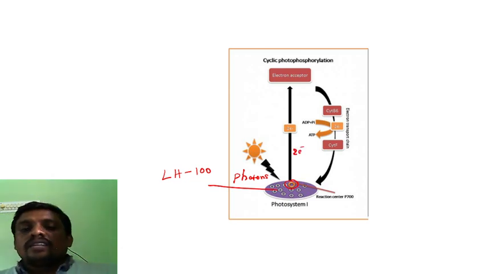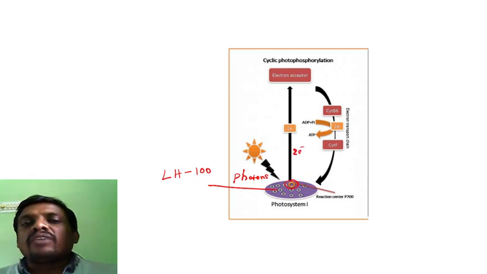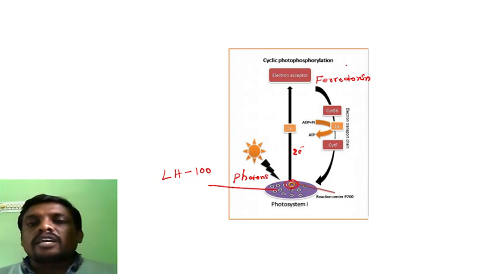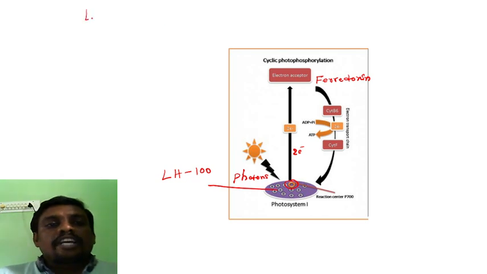These 2 electrons move forward and reach the primary electron acceptor, that is ferredoxin.